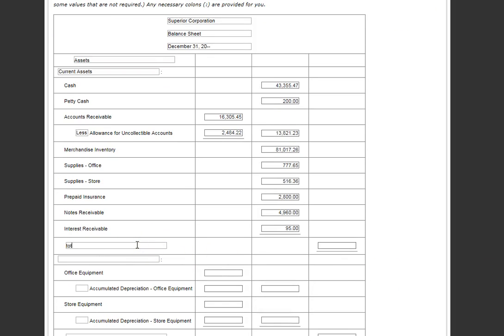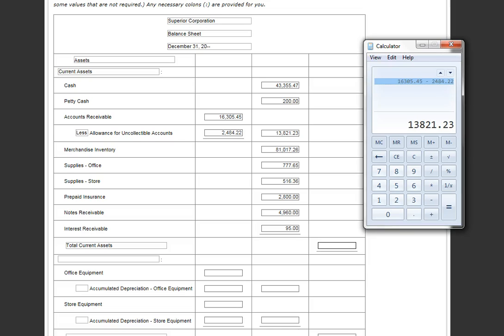And here we have total current assets. Add all of those together. Where'd I end up? There we go. Awesome.